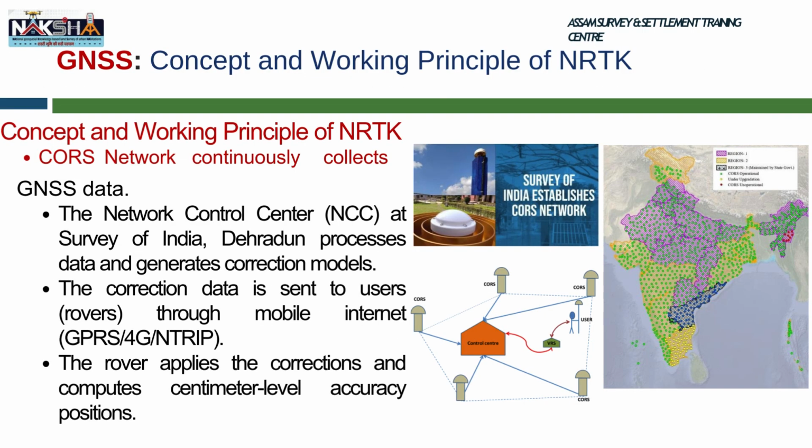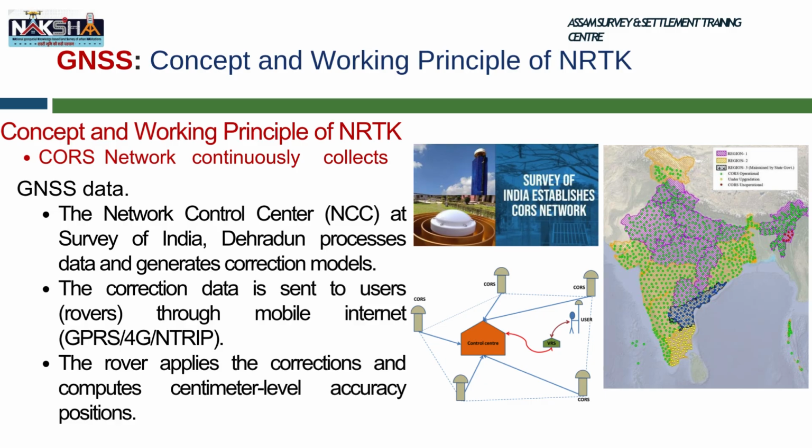Let us now explore how Network RTK, NRTK, works and achieves high-precision positioning in real time. Network RTK is an advanced GNSS technique that provides centimeter-level positioning accuracy over large areas. The process begins with a CORS network where multiple continuously operating reference stations collect GNSS data in real time. This data is then sent to the Network Control Center at the Survey of India, Dehradun, where it is processed to generate correction models.